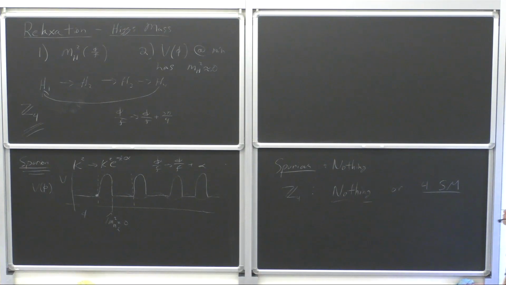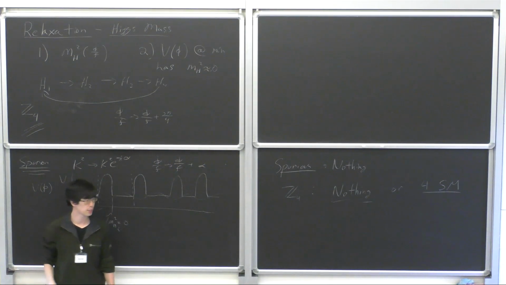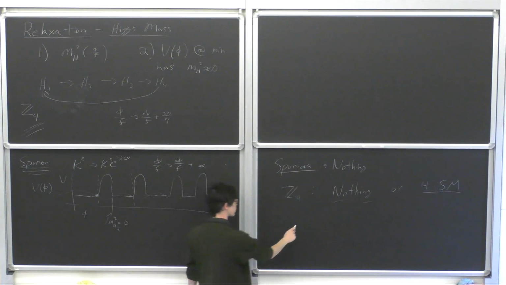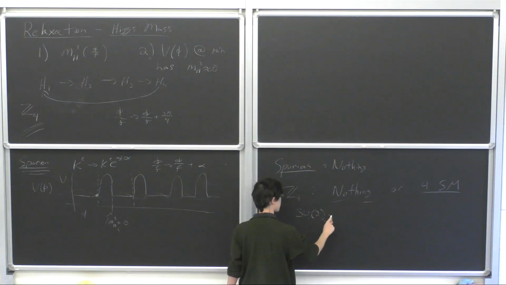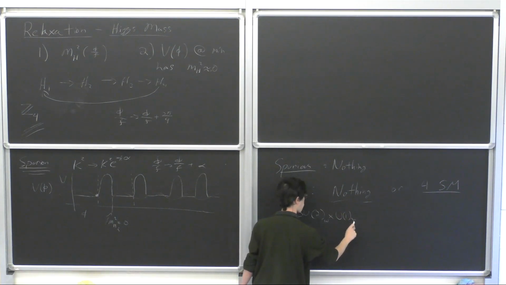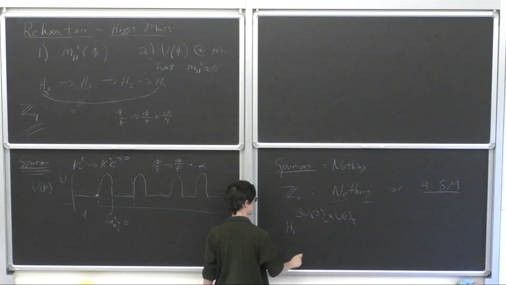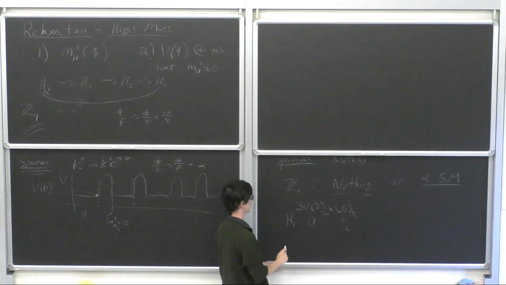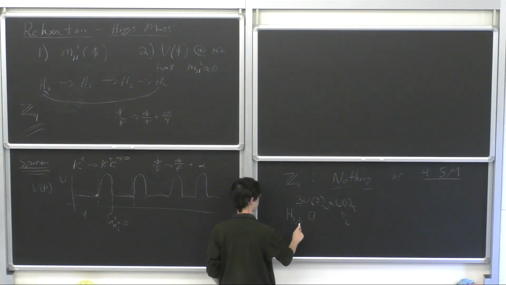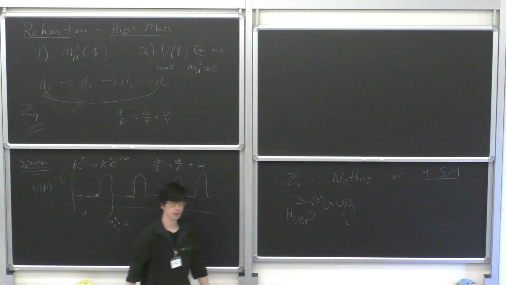If you do nothing, this means these guys all have the same SU2 charge and U1. So this means you have a single SU2 weak times U1 hypercharge, and you have your Higgs, and the Z4 symmetry means you have 4 of these guys.